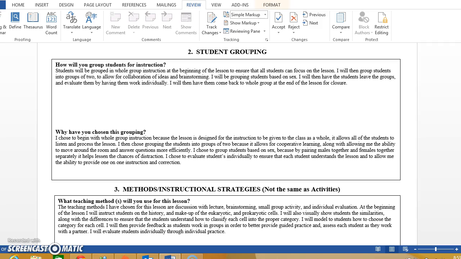I chose to group students based on sex because by pairing males together and females together separately, it helps lessen the chances of distraction. I chose to evaluate students individually to ensure that each student understands the lesson and to allow me the ability to provide one-on-one instruction and correction. I then chose to have them come back to a whole group to address any questions and concerns with the lesson.